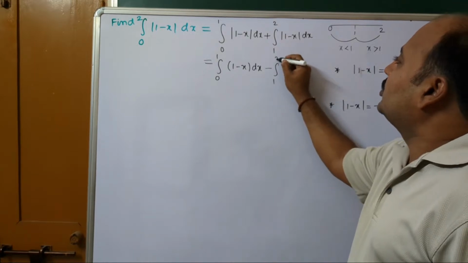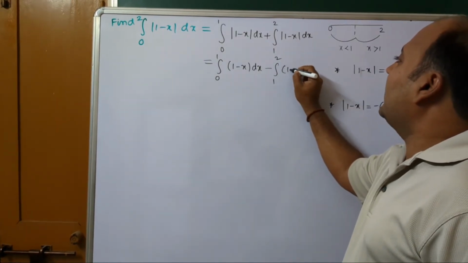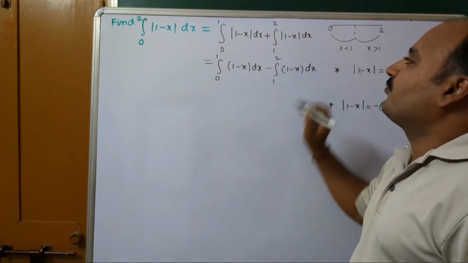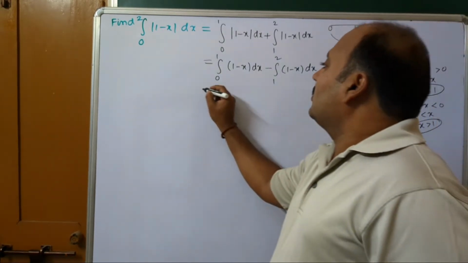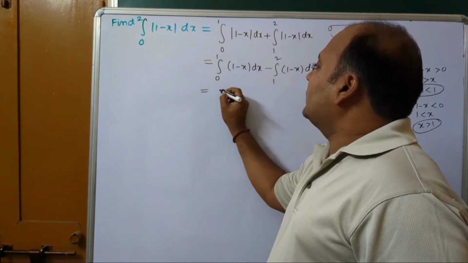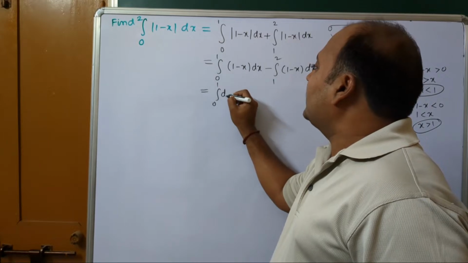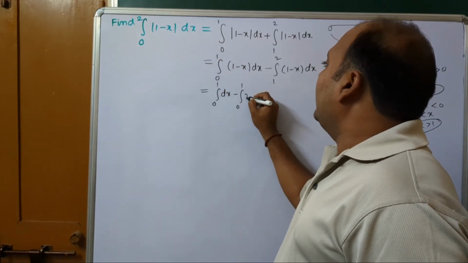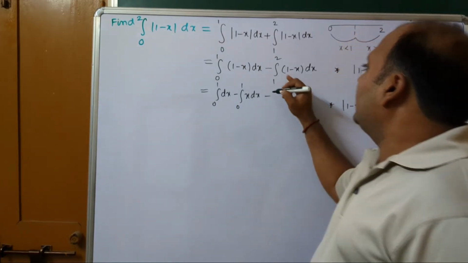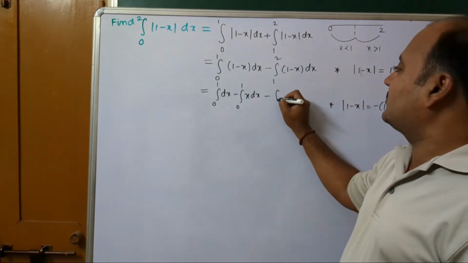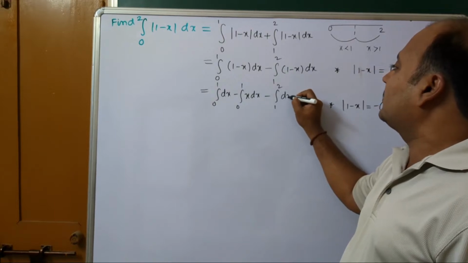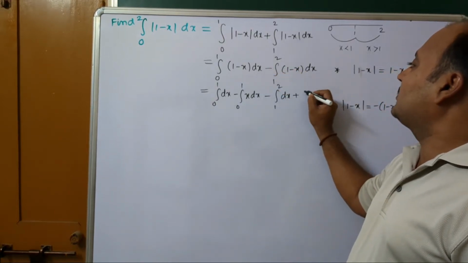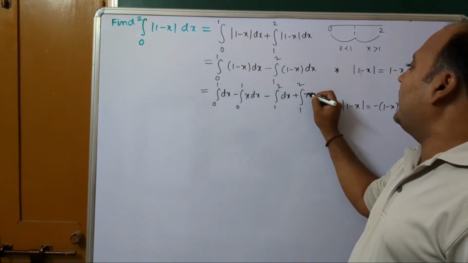Minus of integral 1 to 2, 1 minus x into dx. So 1 into dx, integral 0 to 1 dx minus 0 to 1 integral x dx minus integral 1 to 2 dx, minus into minus plus integral 1 to 2 x dx.